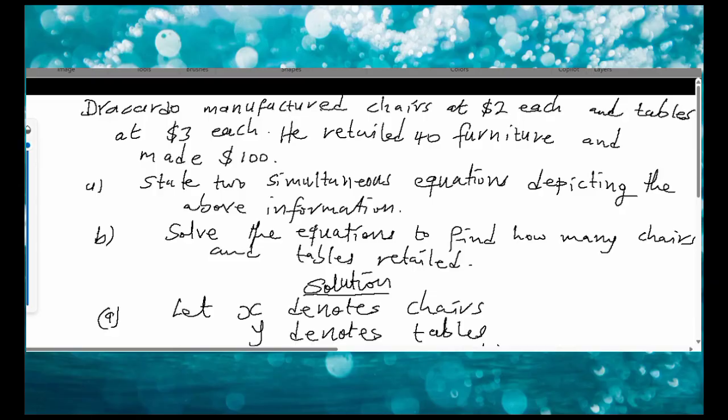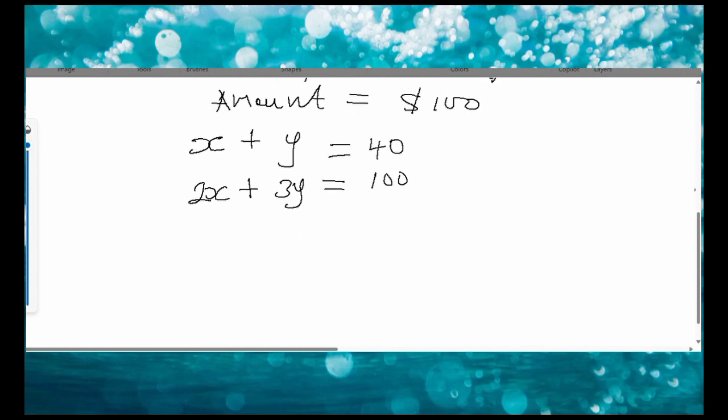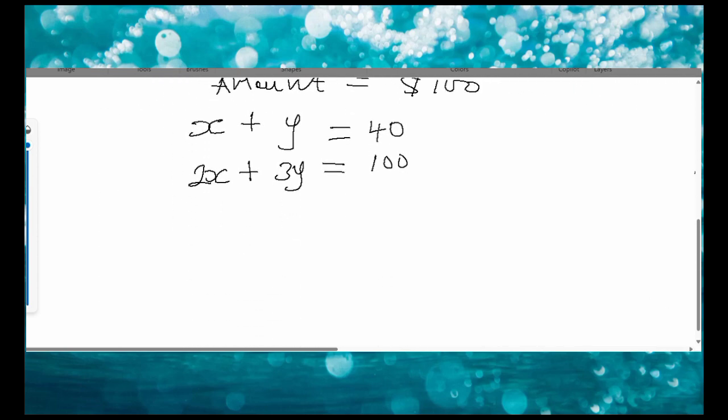Now the B says that solve the equations to find how many chairs and tables retailed. So over here we're going to find the number of chairs that Ricardo retailed, as well as the number of tables that Ricardo retailed to make this $100, right?